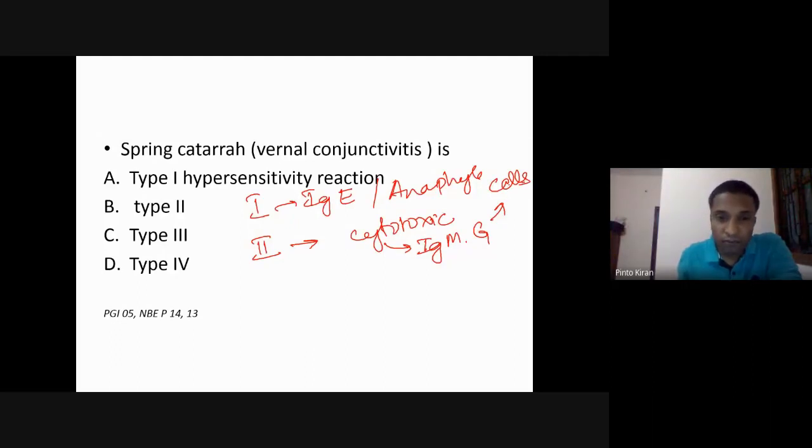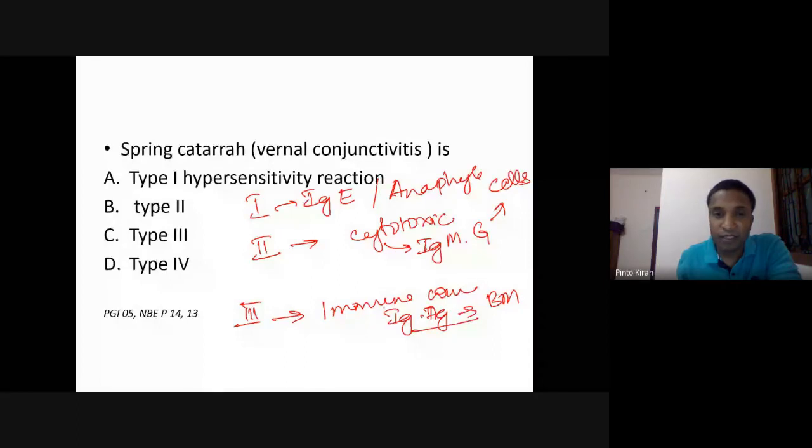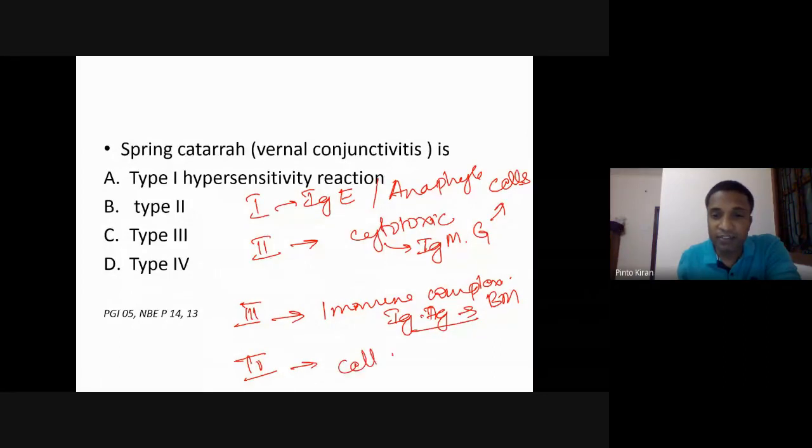Type 3 is immune complex mediated, where immunoglobulins and antibody get deposited on the basement membrane. It's an immune complex mediated hypersensitivity reaction. Then you have the fourth one, that is a cell mediated immune hypersensitivity reaction.